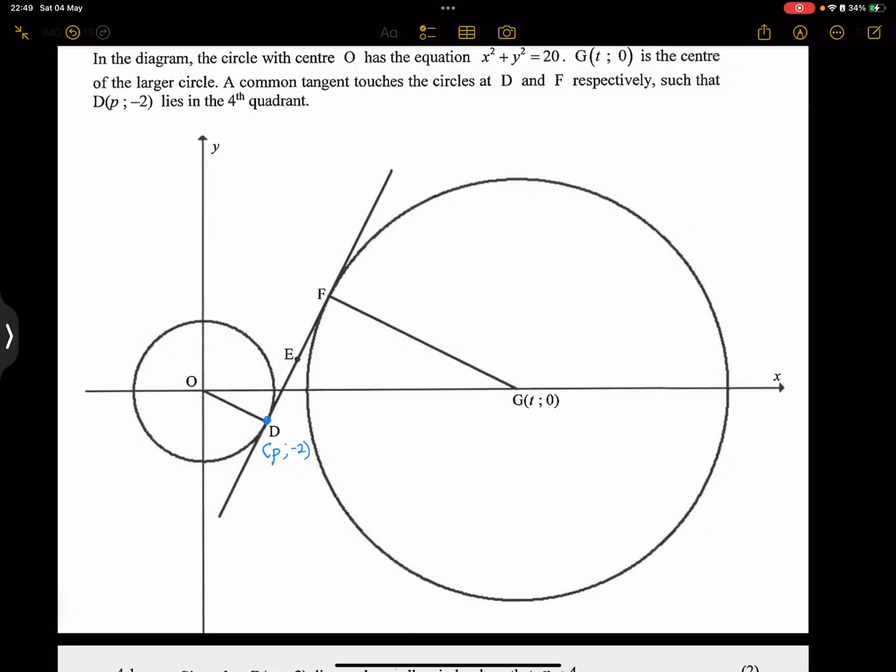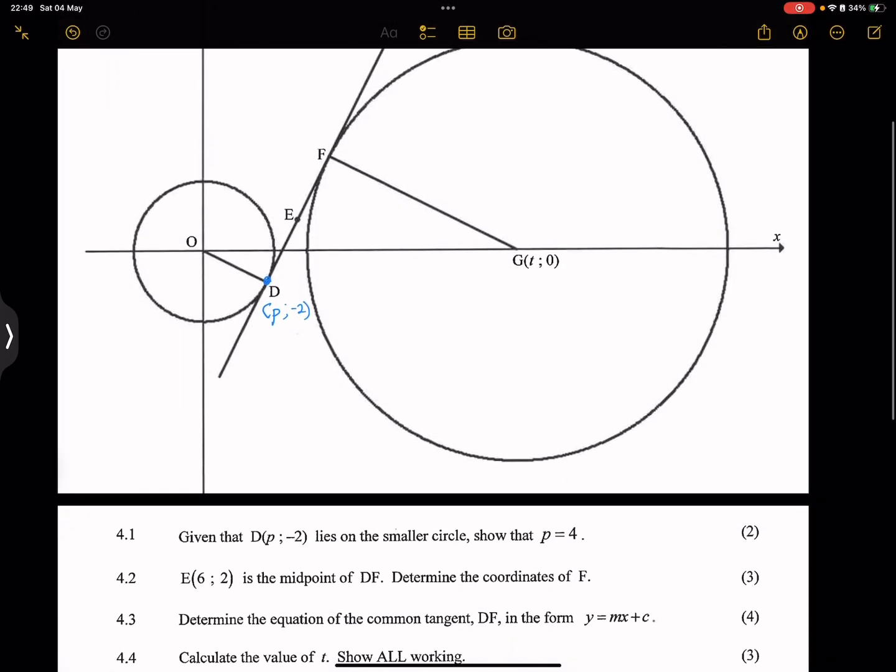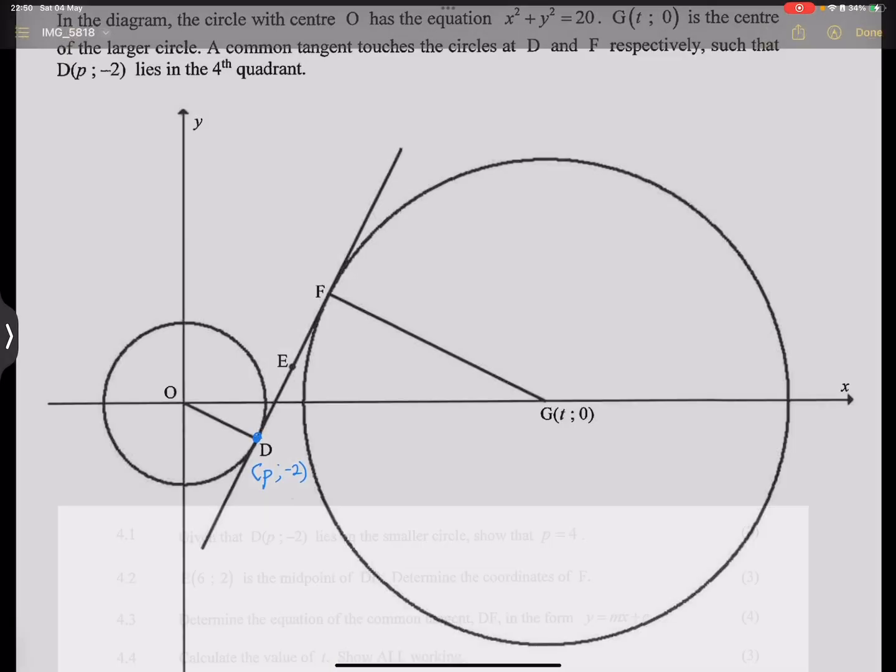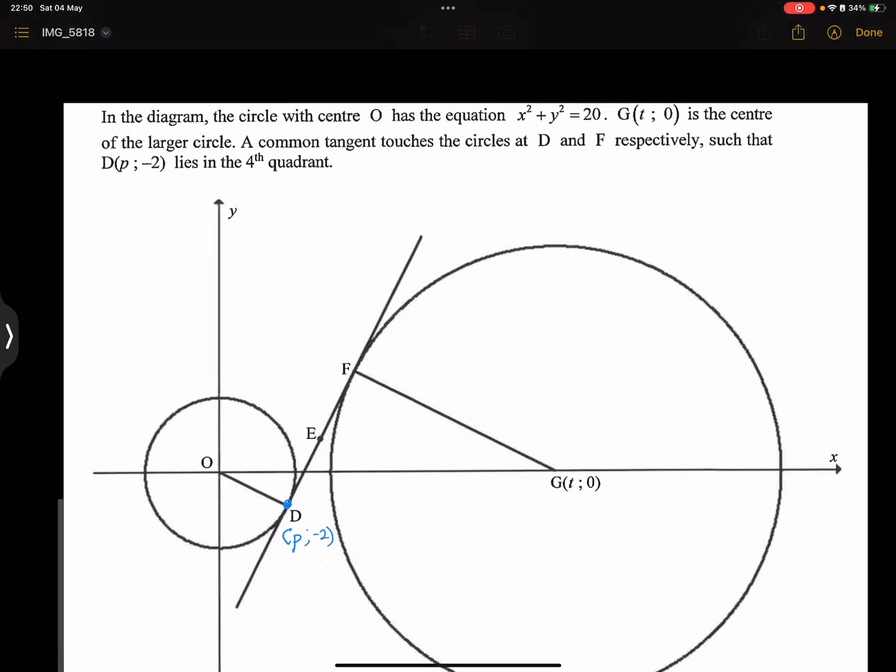Okay, so let's quickly have a look at the first one. They say given that D is P and negative 2 on the smaller circle, show that P is equal to 4. Now all we do is substitute that point into the equation of the circle.